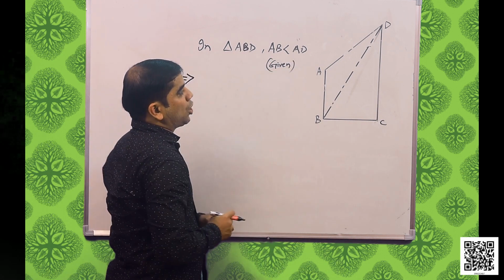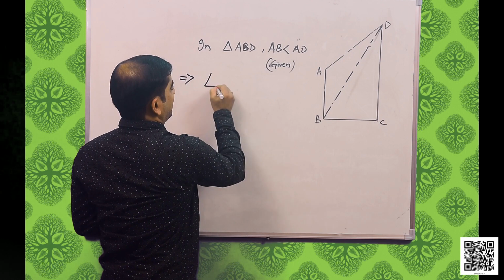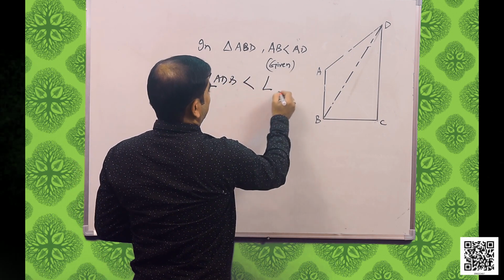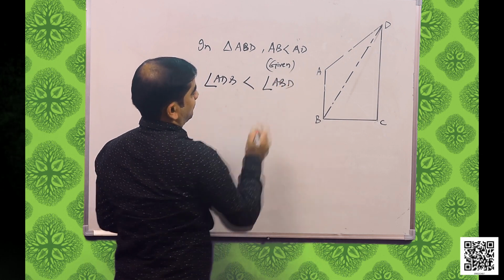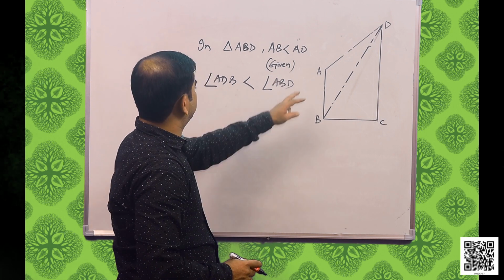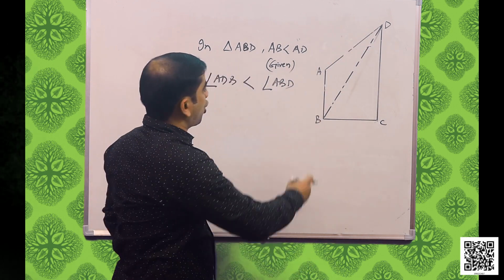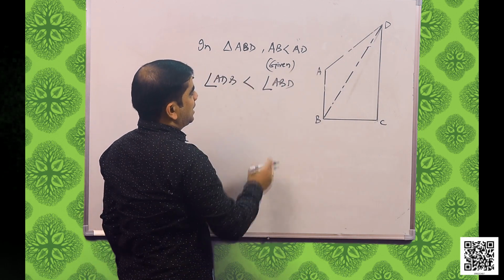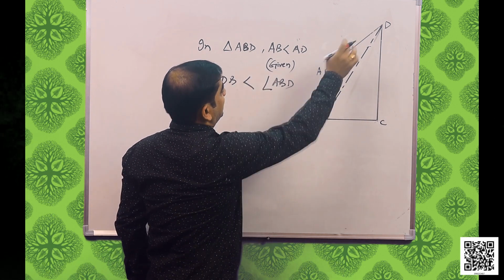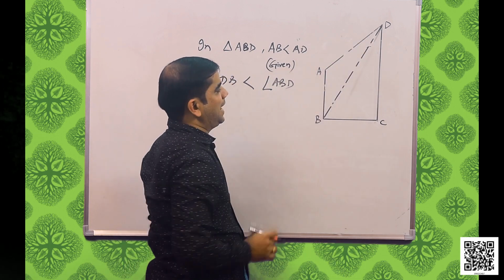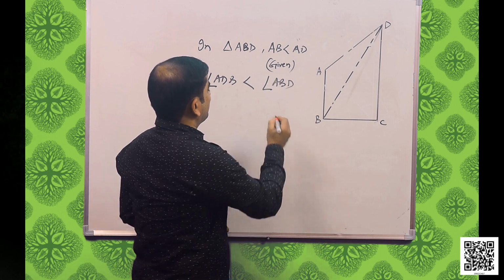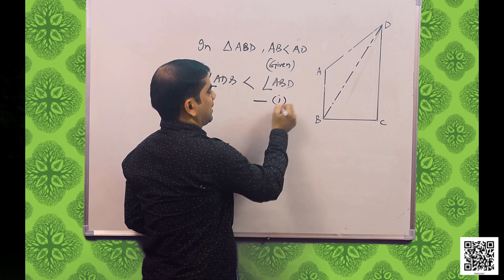As AB is smaller than AD, angle ADB is smaller than angle ABD. Why? AB is smaller than AD, that means angle ADB, which is opposite to side AB, should be smaller than angle ABD, which is opposite to side AD. Now, let me mark it as equation 1.